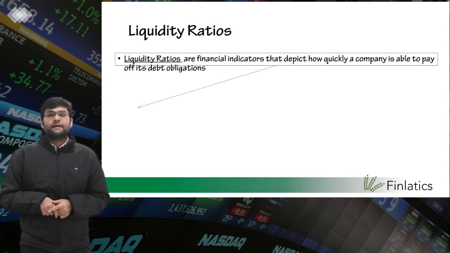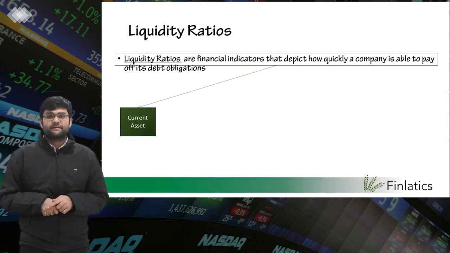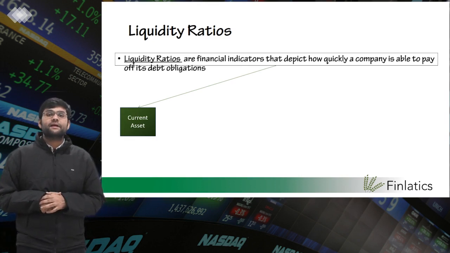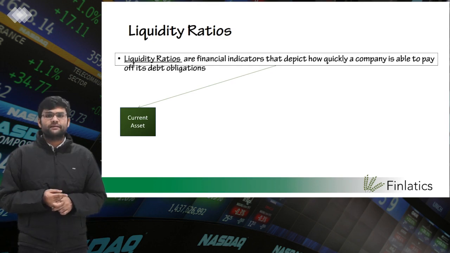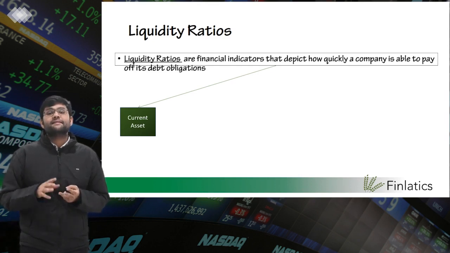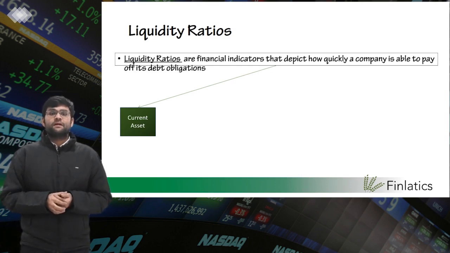The first concept is that of current assets. Current assets are those assets that can be converted to cash within a period of 1 year. This includes assets like credit sales, cash in hand, as well as inventories.